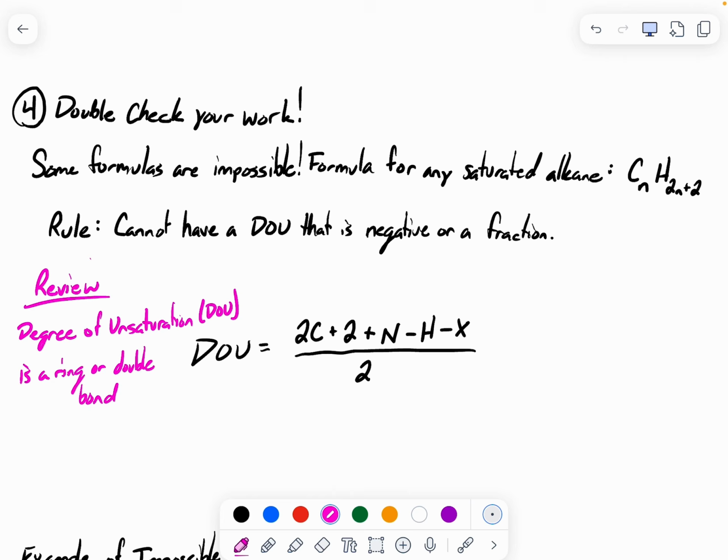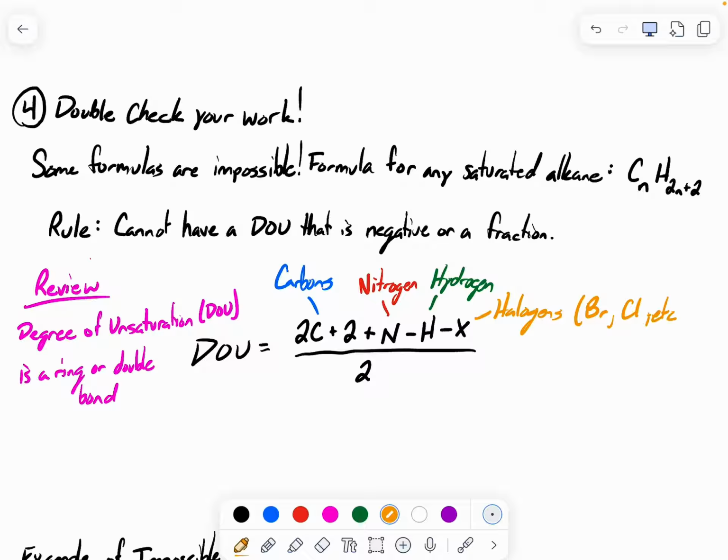Whenever you're looking at a DOU, you take into account a lot of different atoms. We have carbons, so you do 2 times the number of carbons plus 2, plus the number of nitrogens, so we account for nitrogen. We also have minus our hydrogens and minus halogens, so keep in mind we can have bromine, chlorine, etc. that are adjusted for there.